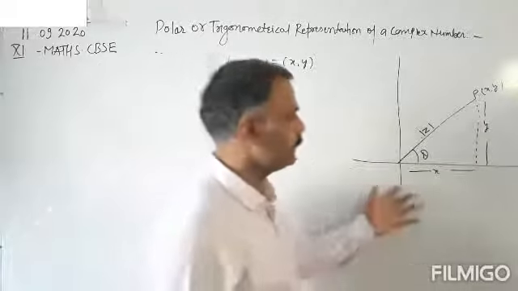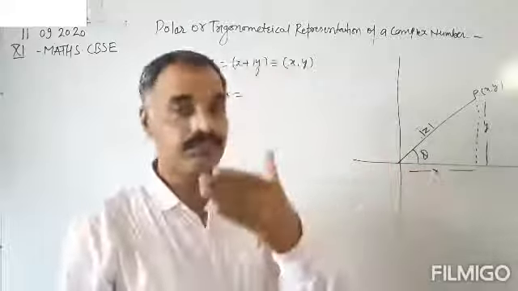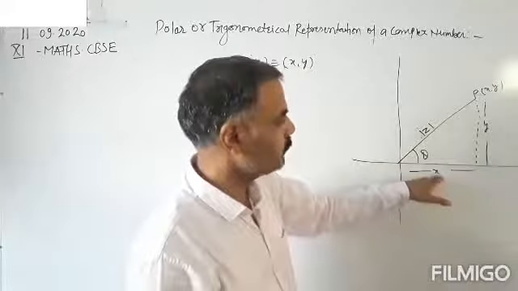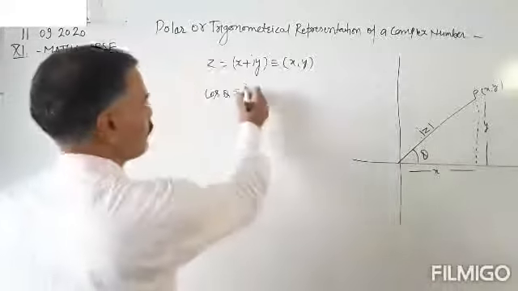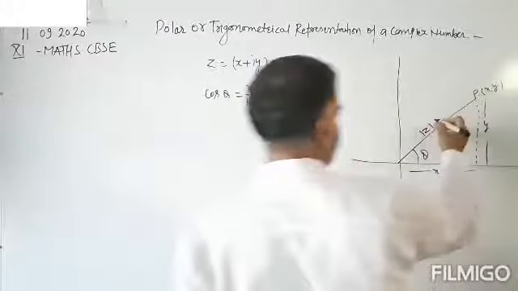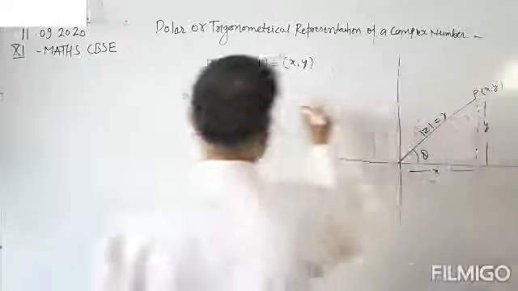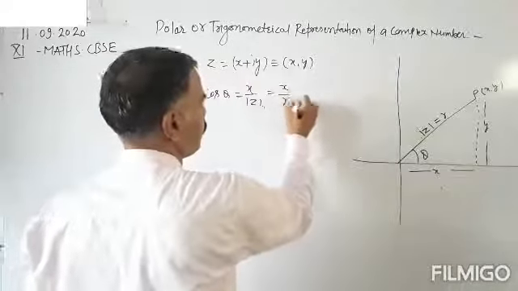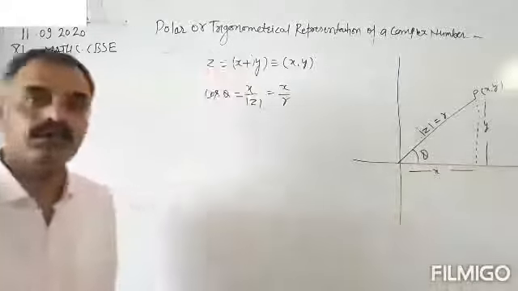If we find cos theta, it is base upon hypotenuse, that is x upon modulus z. If this is equal to r, then cos theta is x upon r.